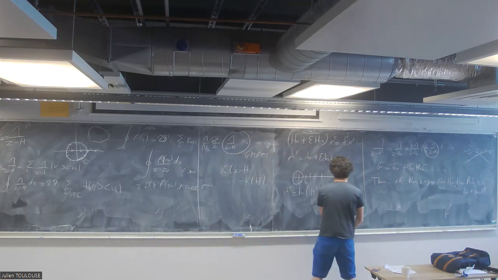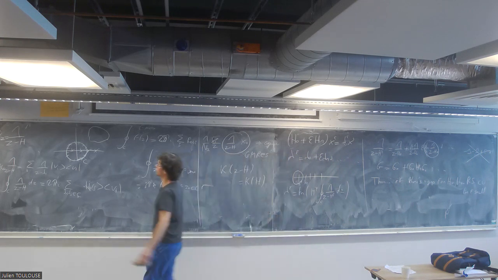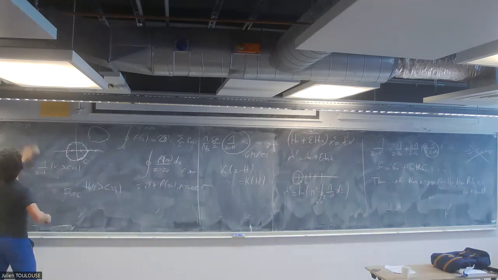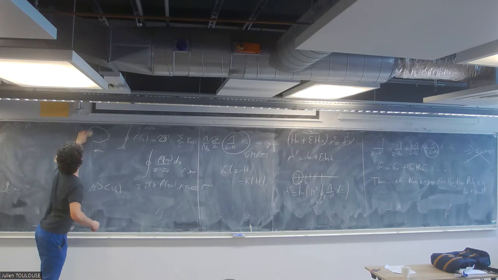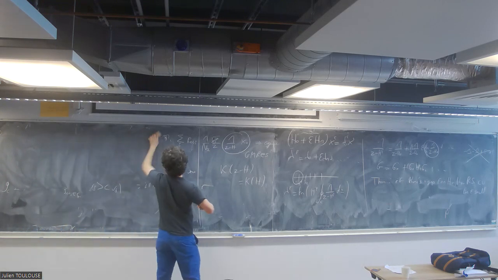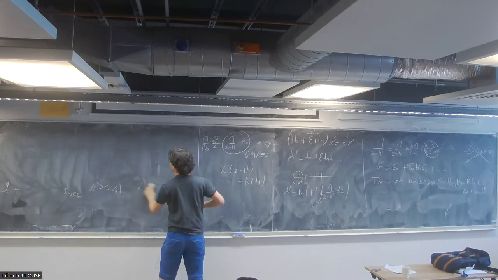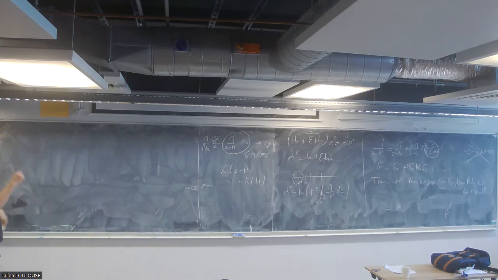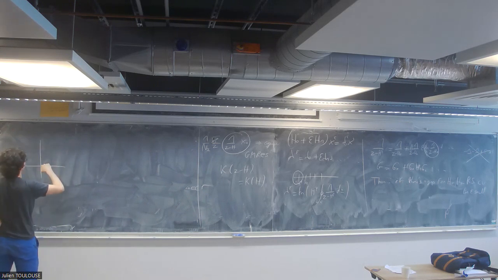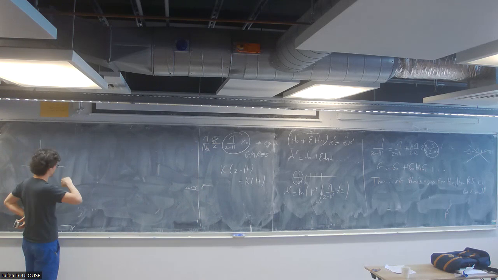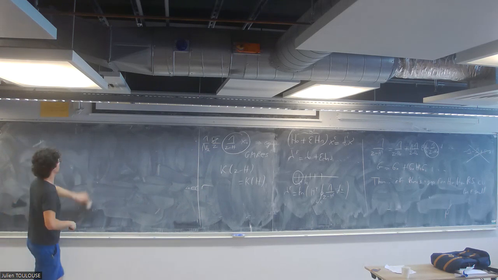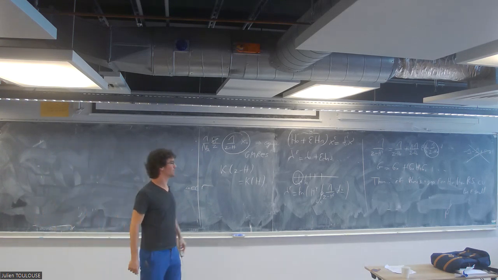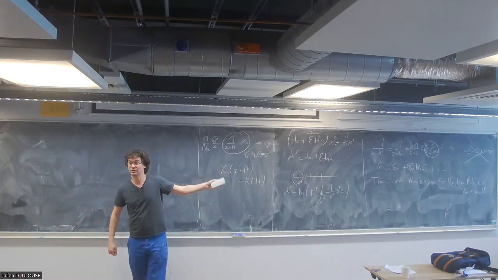The nice thing about complex analysis is that if the function is analytic, what am I going to draw? So what is the radius of convergence of this?